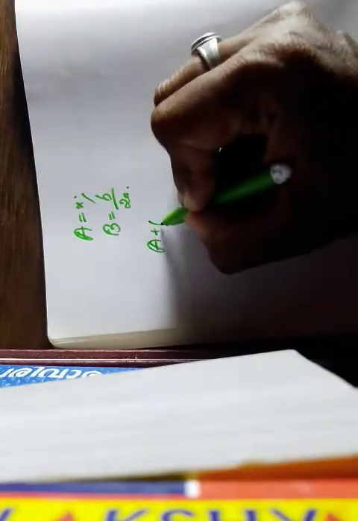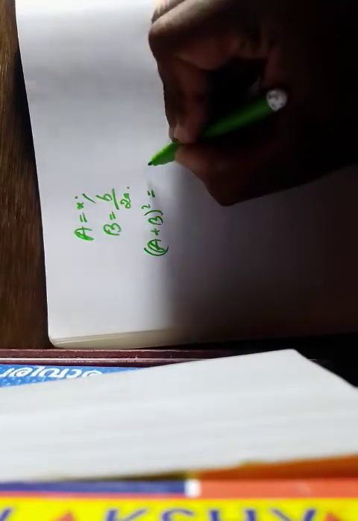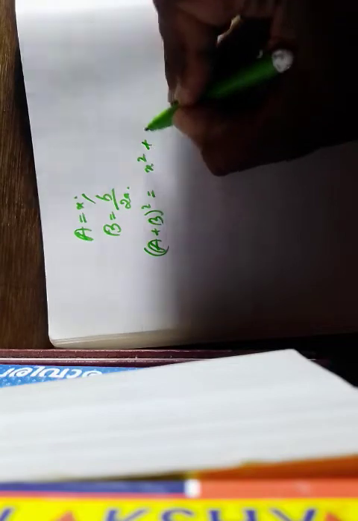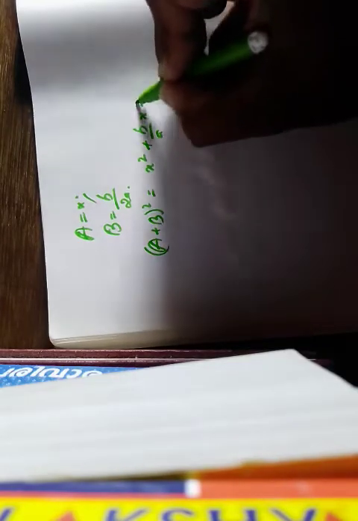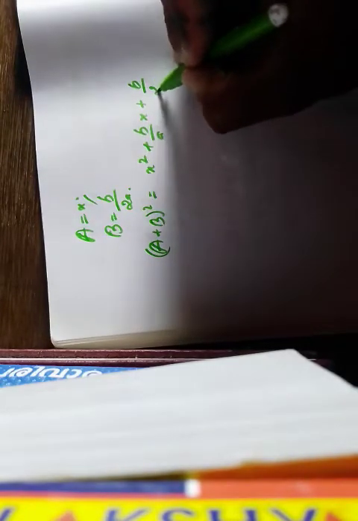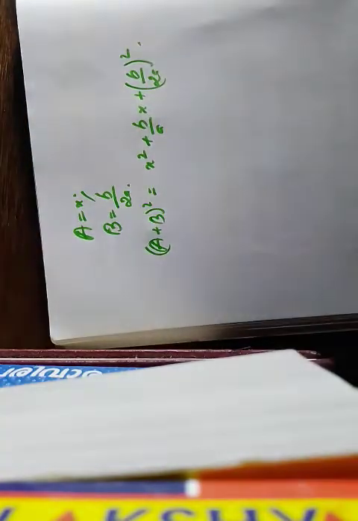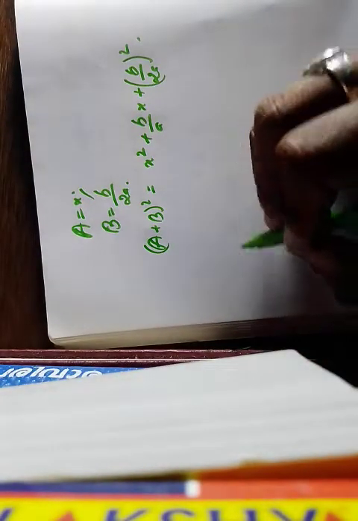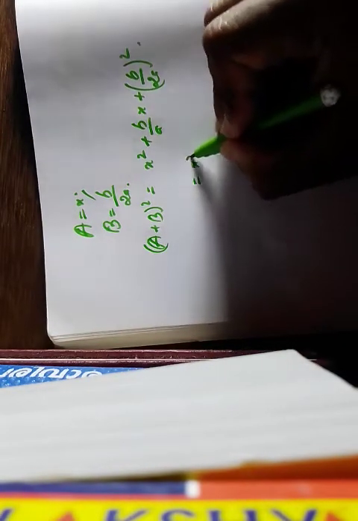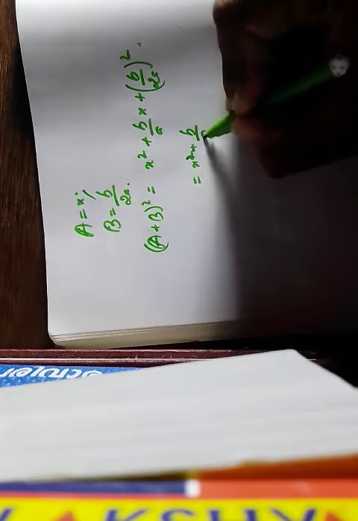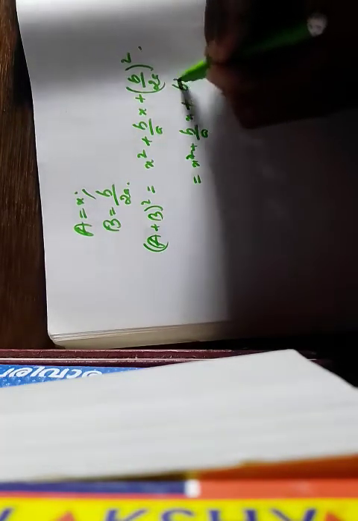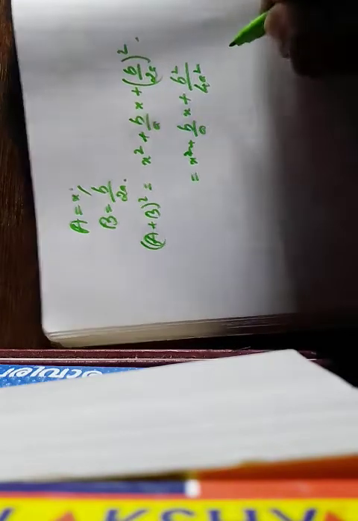Therefore a plus b the whole square is equal to x plus b by 2a the whole square, which is x square plus b by a into x plus b square by 4a square.